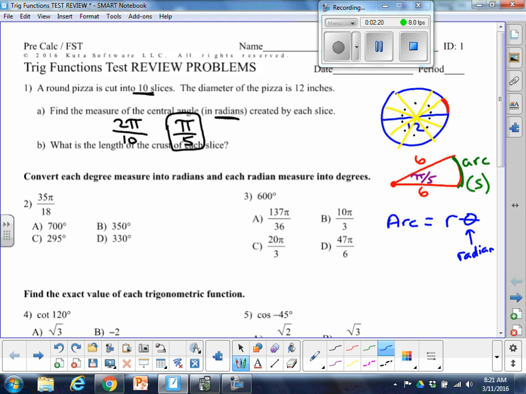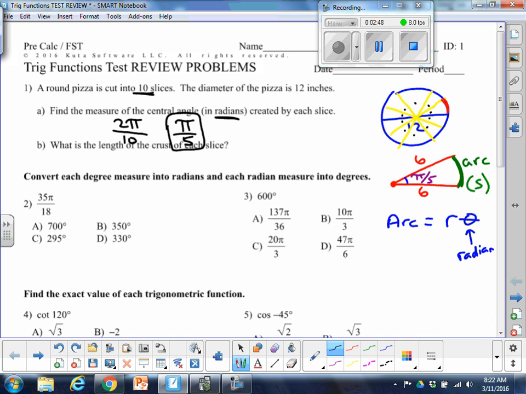If you think about if that angle was in degrees, it would be 36 degrees, right? 360 divided by 10, 36 degrees times the radius of 6 is going to be way bigger than this length, right? But if you keep your angle in radians, pi over 5 times 6, that will work out.